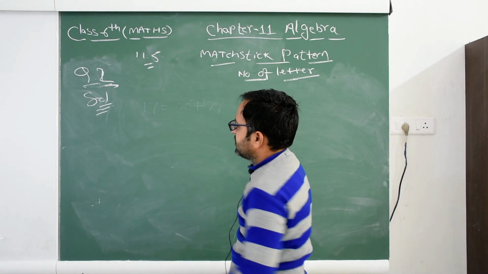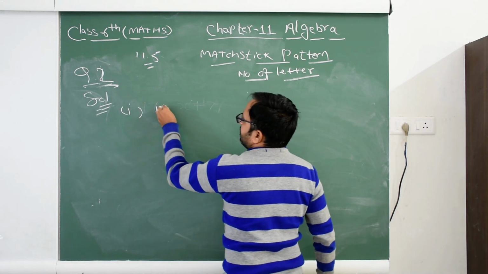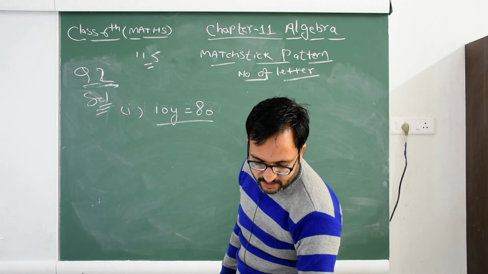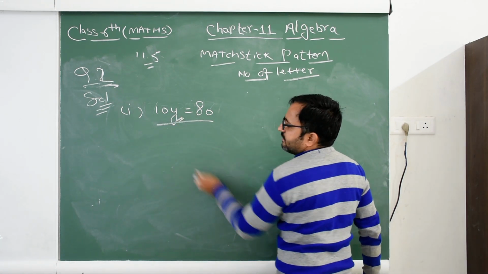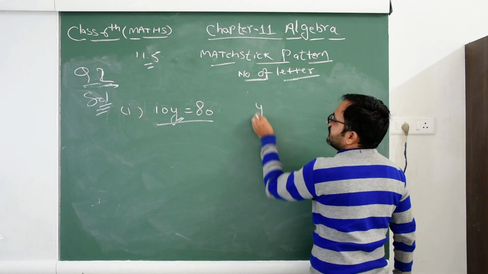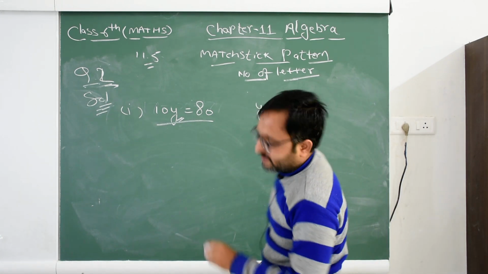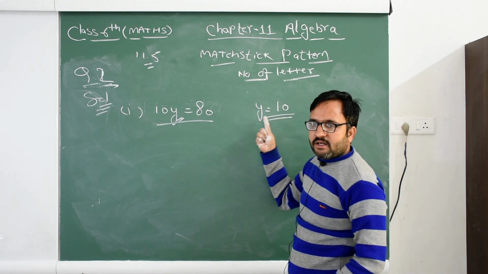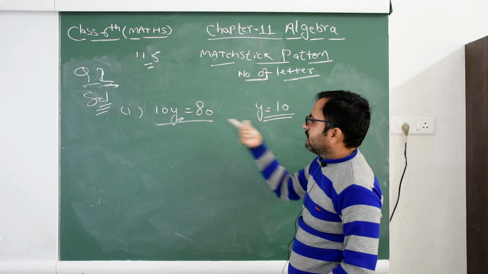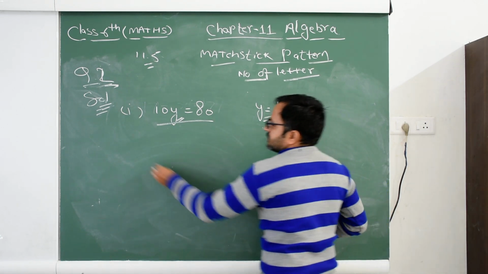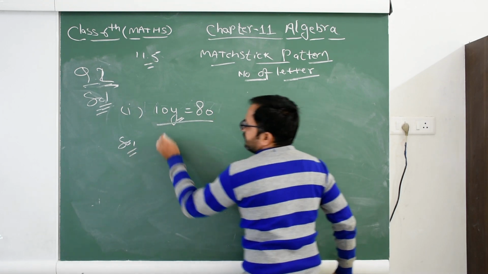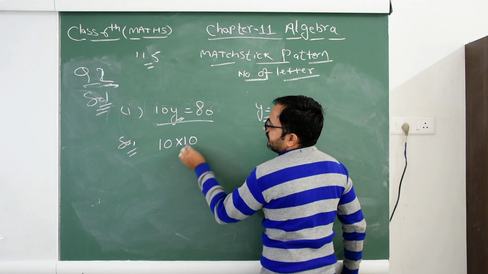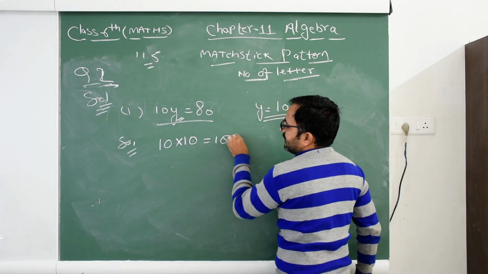Now the first equation is 10y equal to 80, and in this equation y is the variable, and the value of the variable is 10, so y equal to 10. Now we put the value in this equation. 10 into y, the value of y is 10, so 10 into 10 is 100.